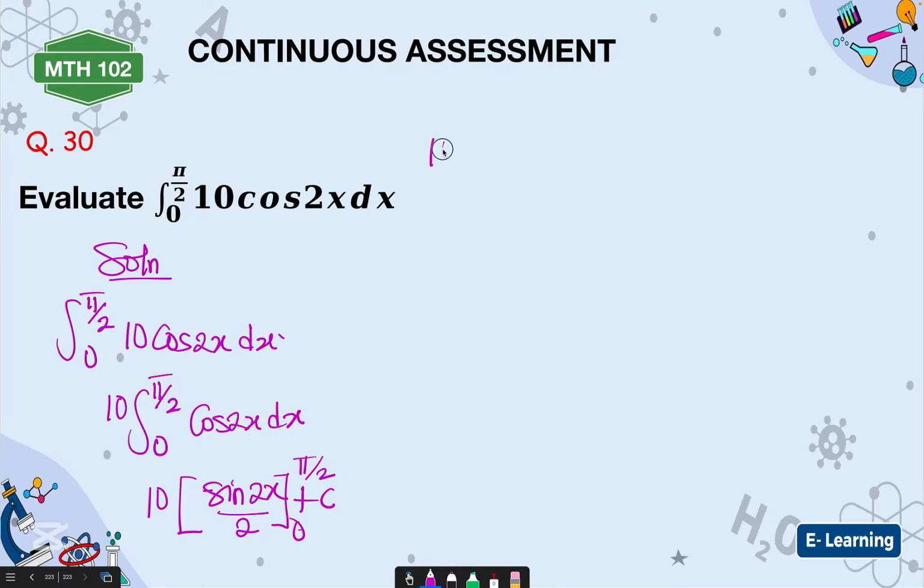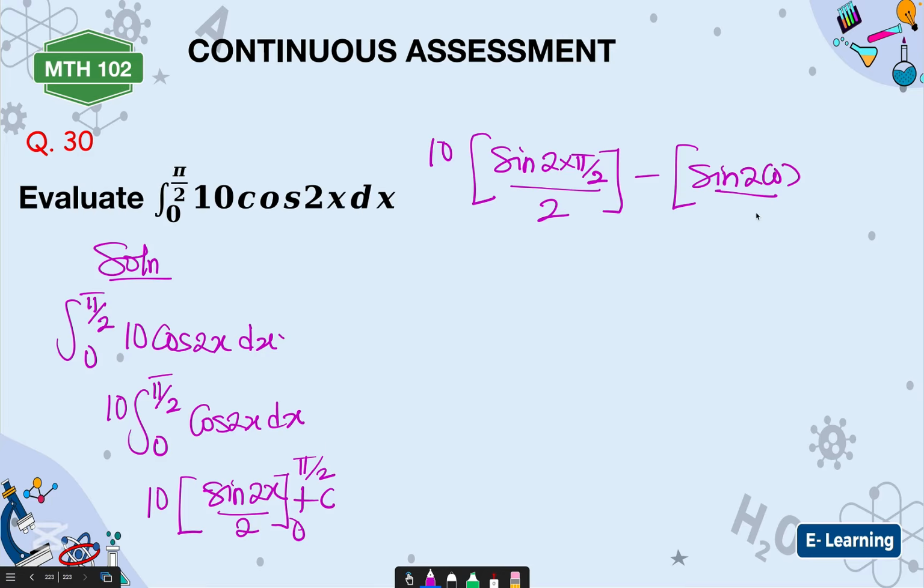So let's keep the 10 outside. So here will be sine 2 times pi over 2 divided by 2, because we substitute pi over 2 into the equation, minus sine 2 times 0 divided by 2, which should be 10. This times this is what?